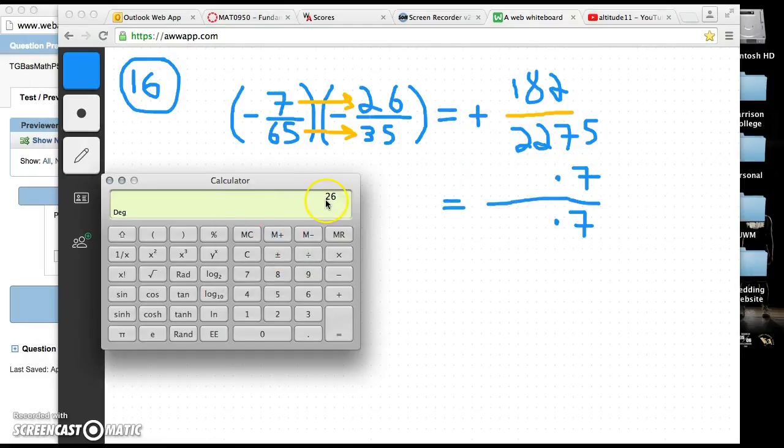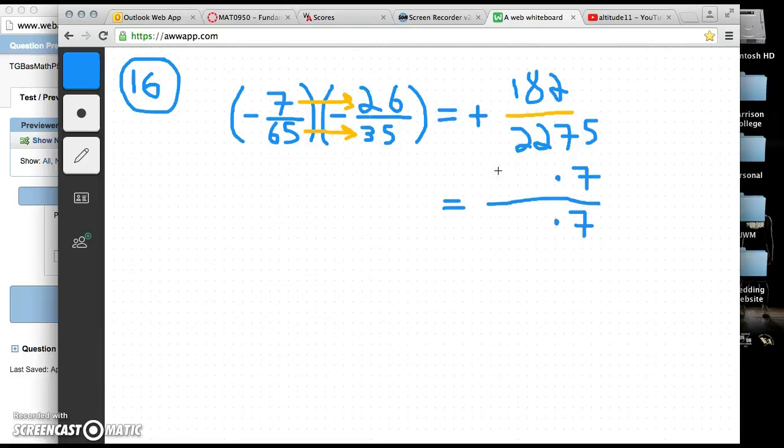Let's just remind ourselves what those numbers were. So 26 was what we got for our numerator, and just to recall how we got that, if you take 182 and divide that by 7, you get 26. So 26 times 7 is 182.